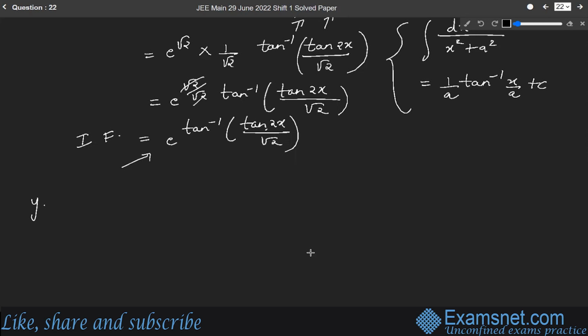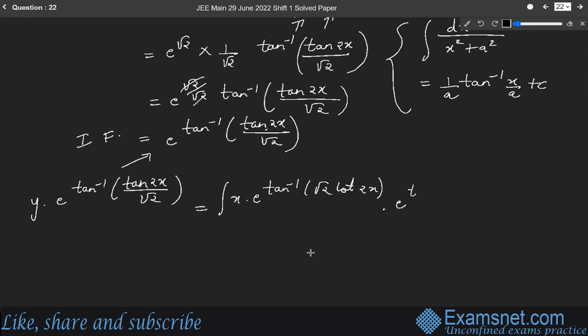It is e power tan inverse tan 2x upon root 2. We have just calculated it. So y into e power tan inverse tan 2x upon root 2 is equal to integral of x into e power tan inverse root 2 cot 2x into e power tan inverse tan 2x upon root 2 dx plus c. This equation means y into integrating factor is equal to integration of q into integrating factor dx plus c.